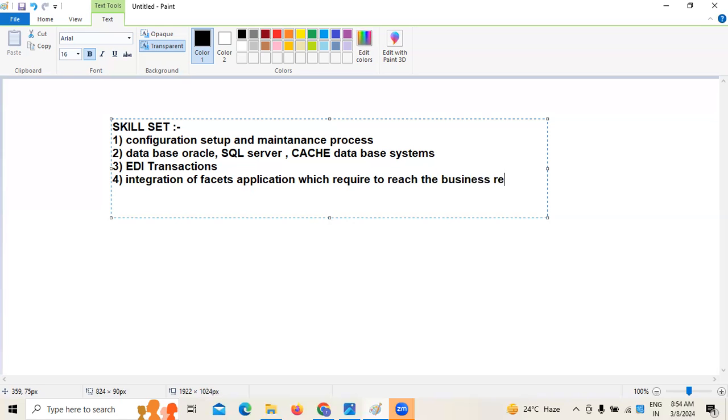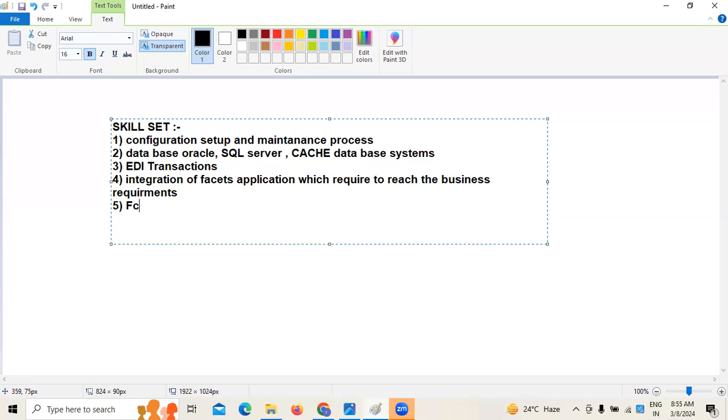Because at the end of the day, if it is not meeting the business requirements, there is no point in working on it. So it's always preferable to have an understanding of this. This is also one of the key and important elements we need to know.